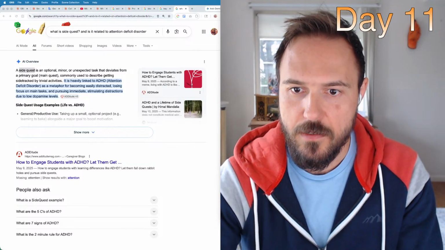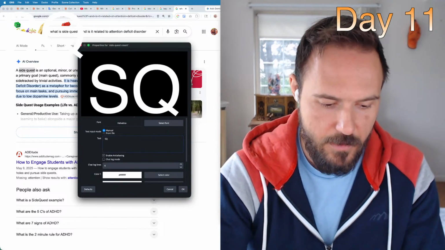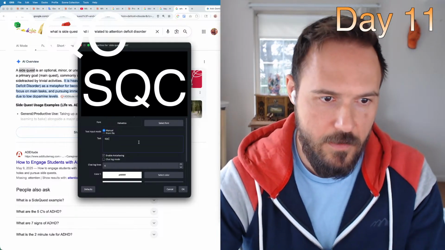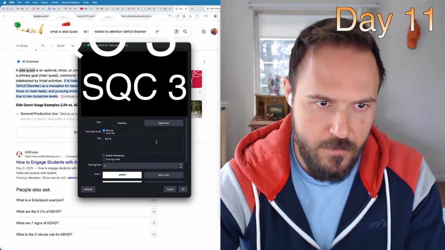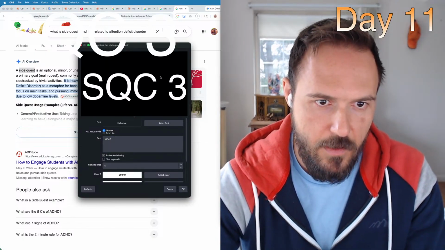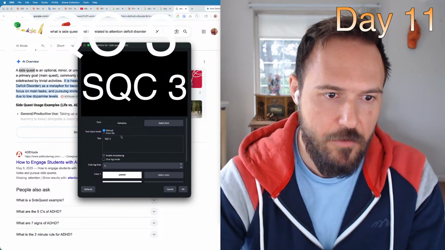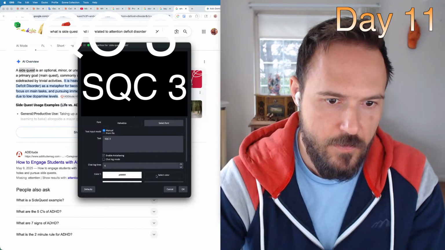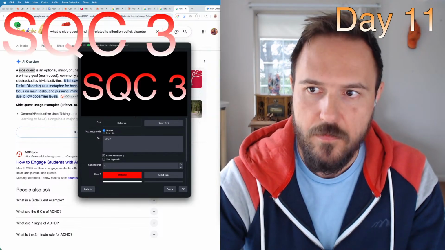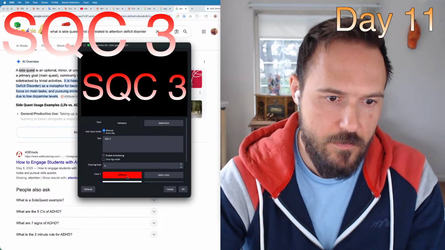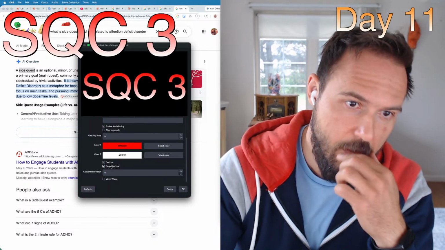Okay, the text would be side quest count, SQC. Right now we have 2, now the 3. And the word is, we'll make it red, right? Select color. Red. Color, outline, drop shadow.